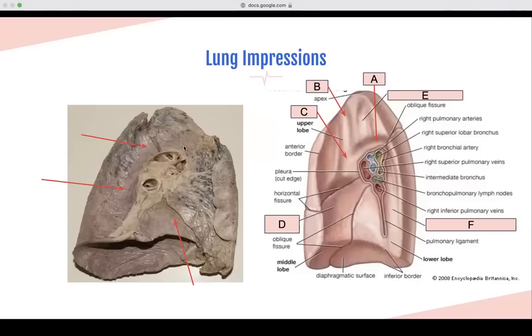The aortic arch. Yes. And then here? The descending aorta. Yep. And finally here? The apex of the heart. If I'm not mistaken, it's the left ventricle. Yeah, mainly the left ventricle.